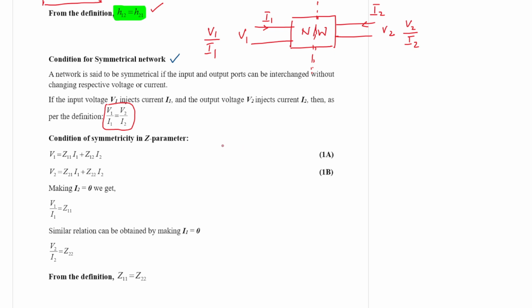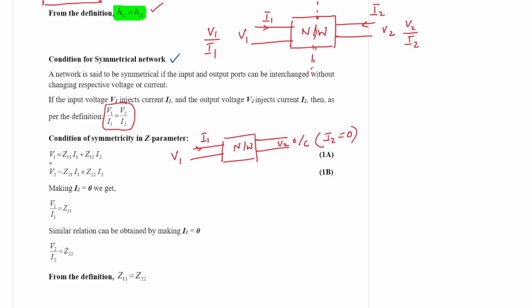Let us say we have a network. This is V1 and I1. Now at the output port this time we need to take open circuit. As you open circuit it, the respective current becomes 0 and it will have a voltage V2.